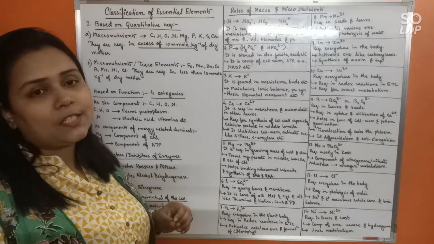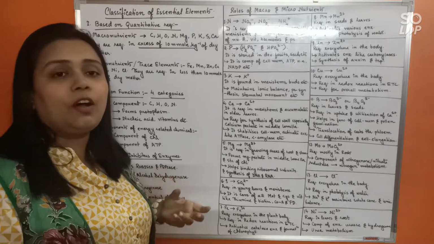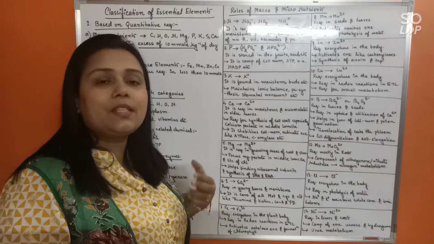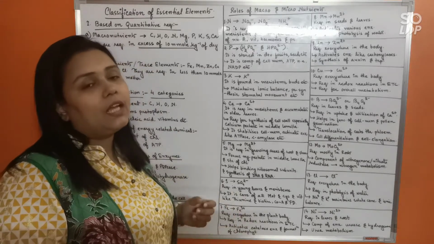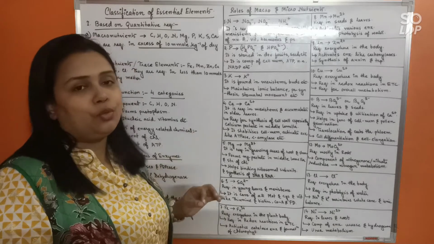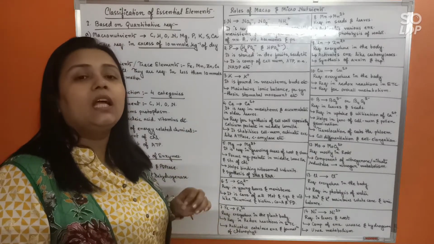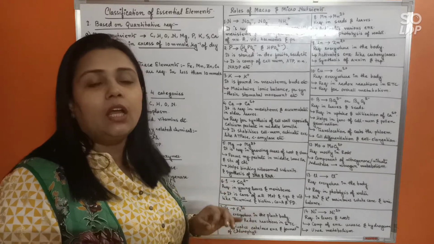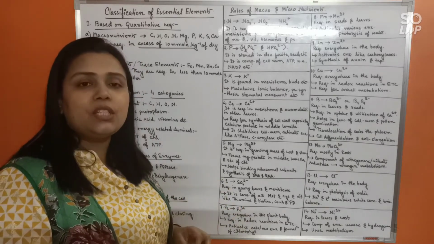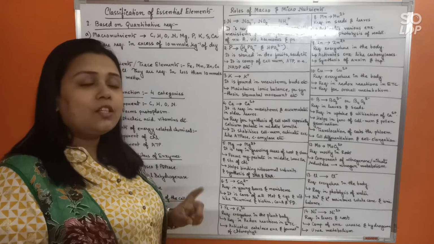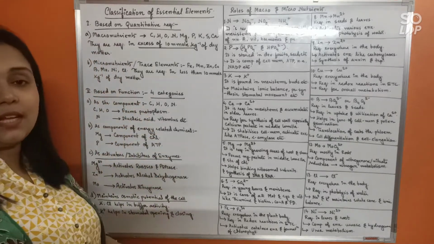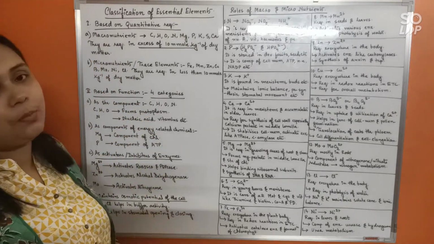If micronutrients are provided in excessive concentration in the surroundings of the plant, that would not do any benefit. Rather, that would cause toxicity in the plant body. That's why micronutrient concentration has to be very specific.